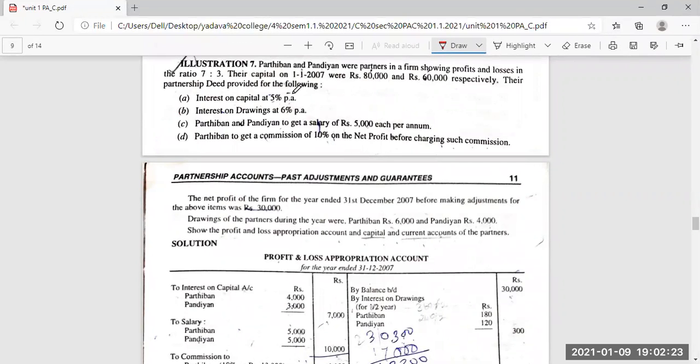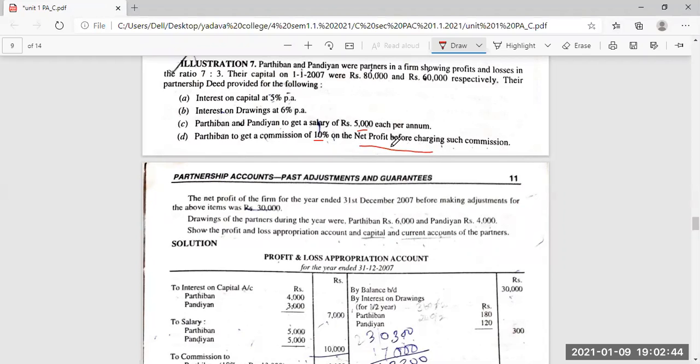Their partnership deed provides for the following: interest on capital 5%, interest on drawings 6%. Parthiban and Pandian get a salary of 5,000 per annum. Parthiban gets a commission of 10% on the net profit before charging commission.